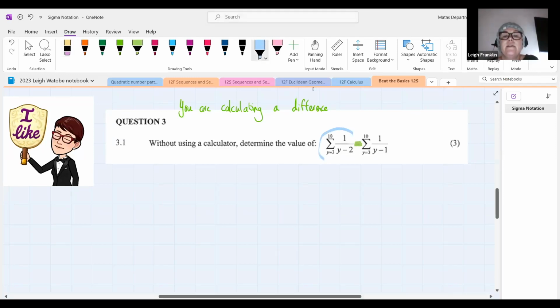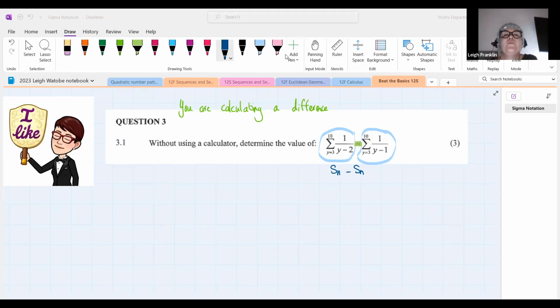This is an SN, and this is a different SN. Okay, so it's not an equation. It's actually the answer that you're calculating is SN minus SN. So it's just two numbers. You're just working out the difference between two numbers. Okay, does that help?